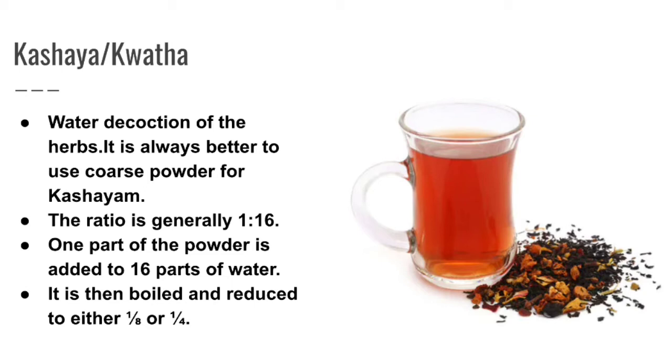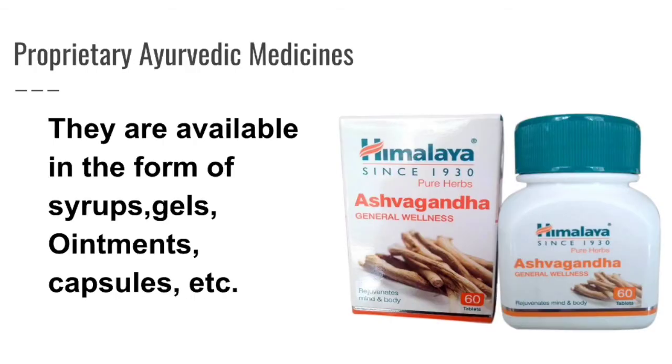And always note, when you prepare a Kashayam, keep the flame low or medium. High flame is not at all advisable because high flame kills the medicinal properties. Once you add the herbal powder and water, after boiling it, you have to reduce it to either 1/4 or 1/8 based on your recipe, and this Kashayam is then filtered and administered to the patient.